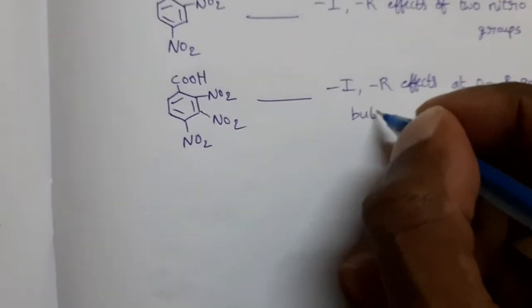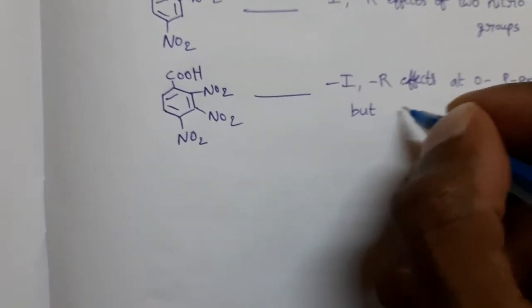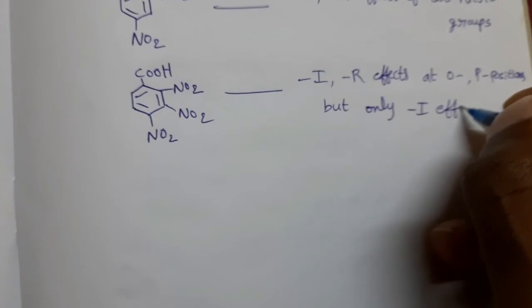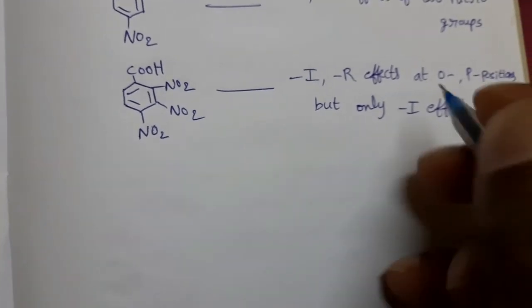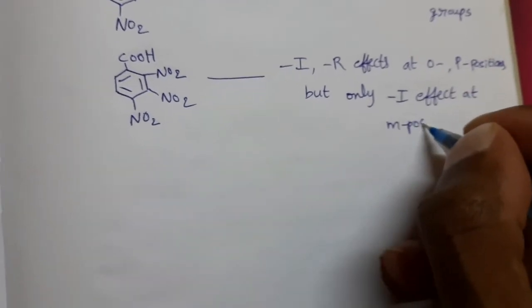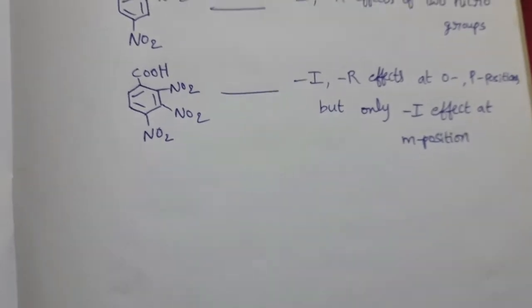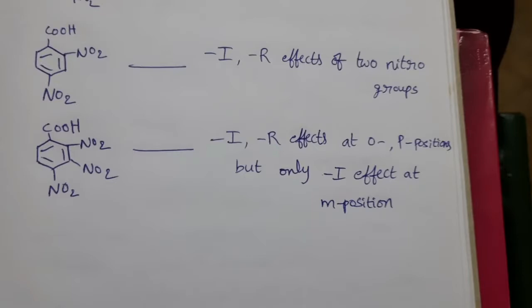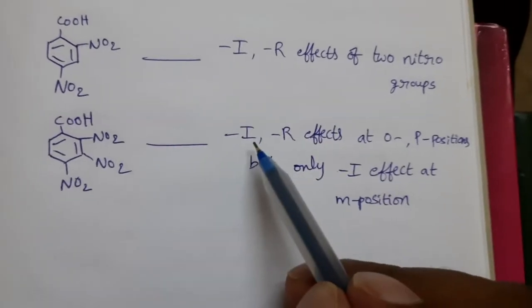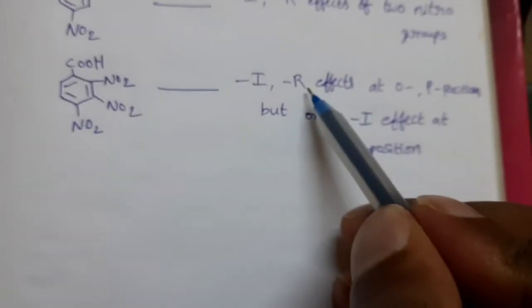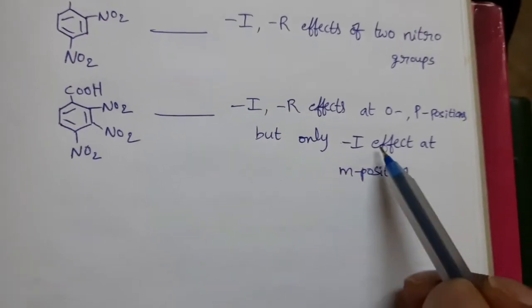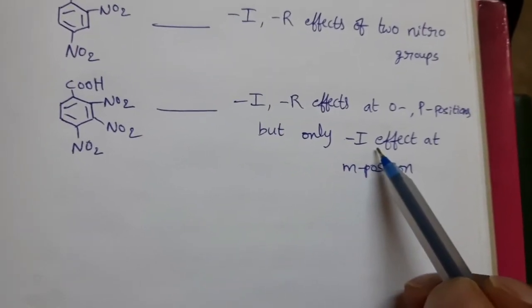But only minus I effect at meta position. At ortho and para positions, two effects we can observe: negative inductive effect and negative resonance effect. But at meta position, we can observe only minus I effect.